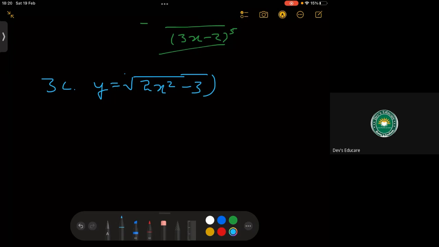Differentiating with respect to x. No need to write dash over there because that means derivative. Okay. So now we can write dy over dx, meaning differentiating with respect to x. Then we can write dy over dx.